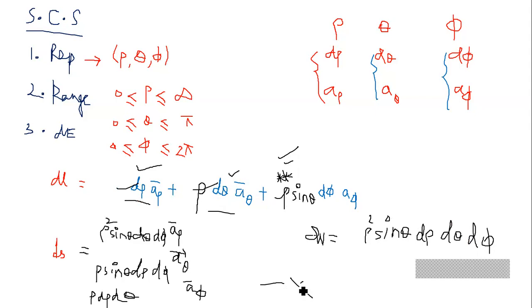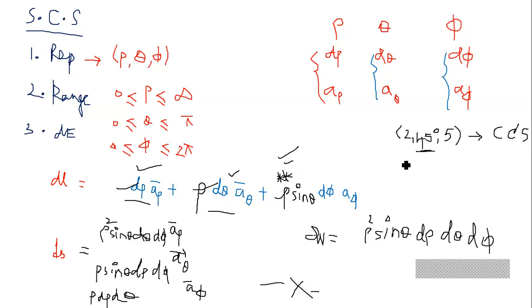Students get some doubts like, sir, how to identify whether a coordinate system belongs to cylindrical or spherical? Let me give you a hint. Let me give an example like this: 2 comma 45 degrees comma 5. If you have one angle in the middle, then it comes under the cylindrical coordinate system.